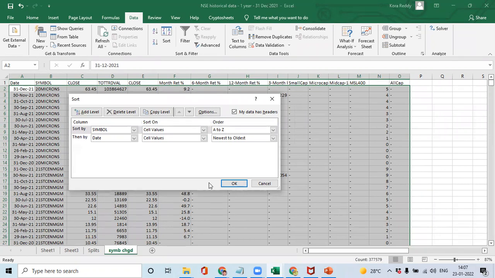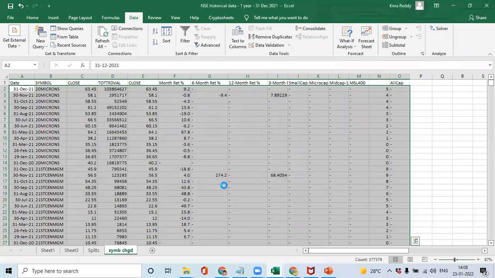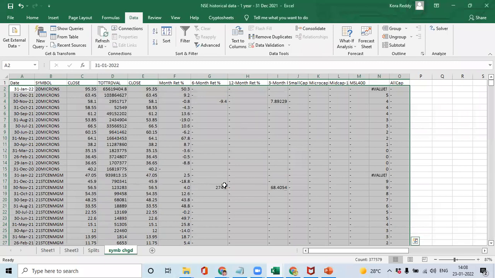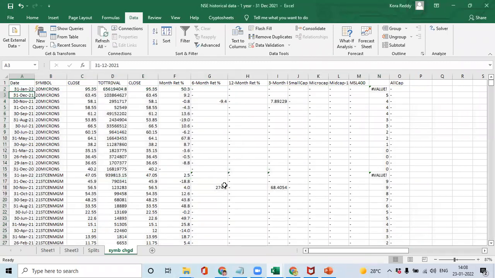Once you start fiddling with it, you will get a feel for its power and what all things you can do. Right, so now what I'm sorting is all the symbols in one go and all the dates in one go. So I get it like this, right? 20th Jan, 20 Microns, price is this, and so on.